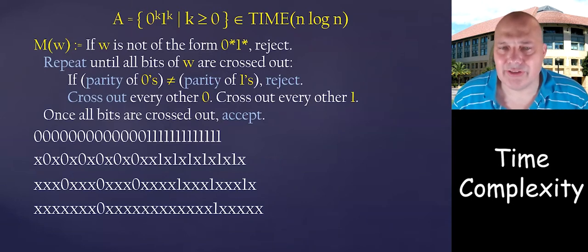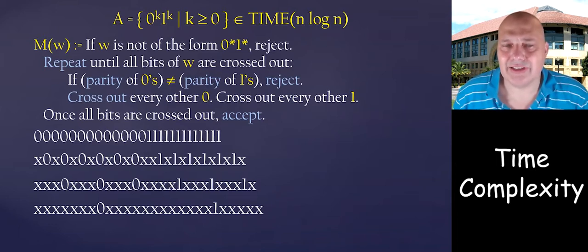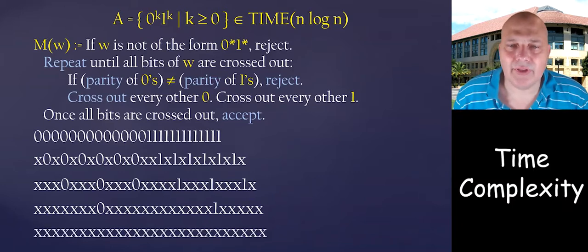In each of these operations, we had the same parity. We had the same parity from the start, and we kept on having the same parity. And now we crossed off everything, and we can deduce that we had the same number of zeros and ones, and accept.